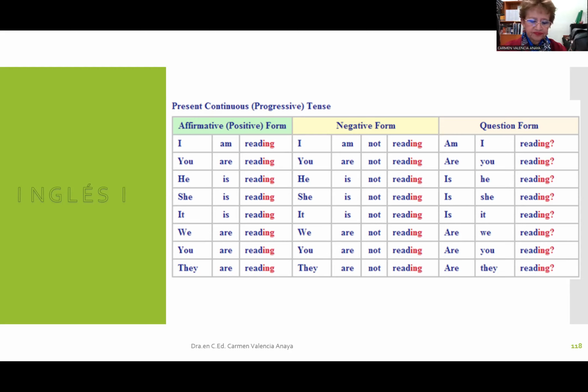In the negative form, it's very important to take into account that I'm going to use at the beginning the personal pronoun and the verb to be in negative form.